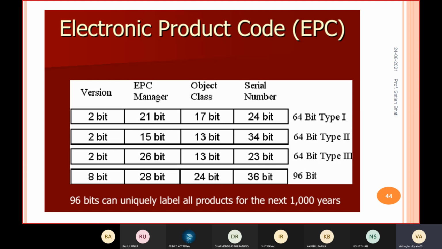Next, some bits give the information about the EPC manager. Next, some bits give the information about the object class, and the last bits are about the serial number, right? You will see in type 1, type 2, type 3, the number of bits is different for each field, right? You do not need to remember this exact number, but it is for information about what will be inside this EPC, right?